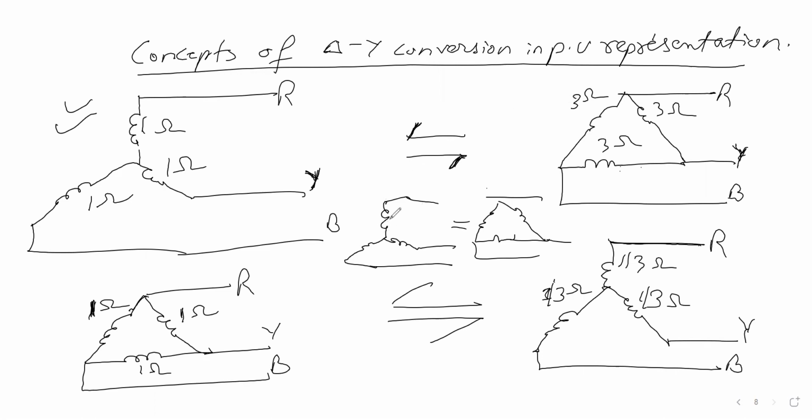If you are converting from star to delta, you don't have to multiply this. Whatever per unit value, let's take this as a per unit, a per unit, a per unit. If you are converting to a delta, its value would be a per unit only.